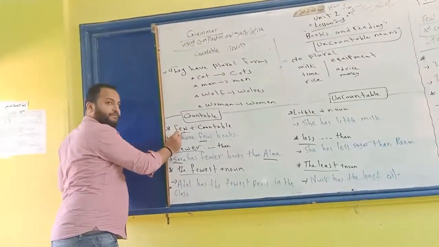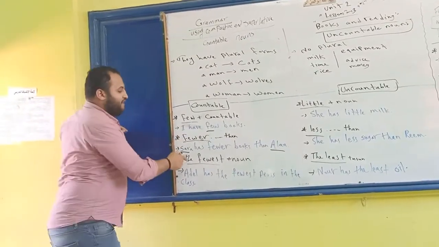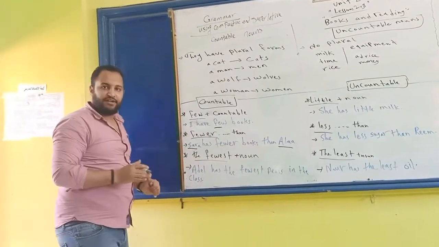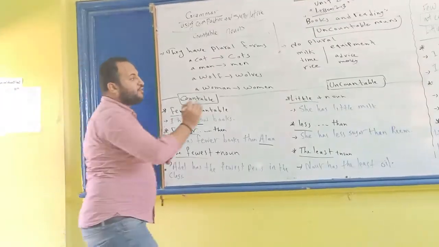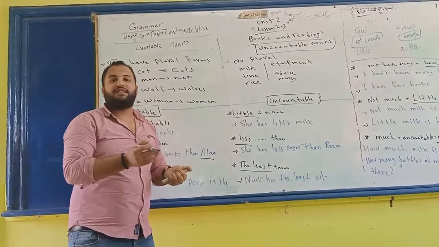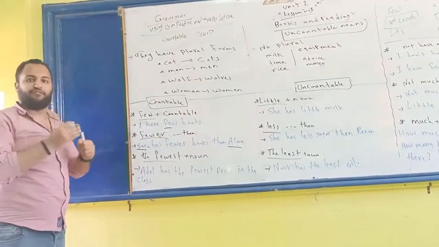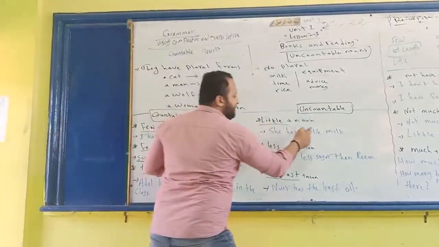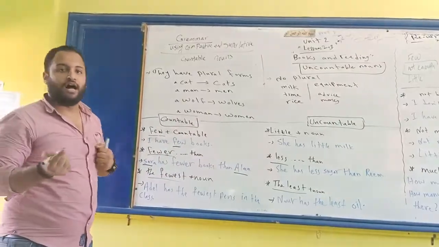Again, few, normal way. Fewer, noun, than, comparative way. The fewest plus noun, the superlative way. That is for the countable noun. If I talk about an uncountable noun, something which has no plural form, like milk. Countable or uncountable? Uncountable.